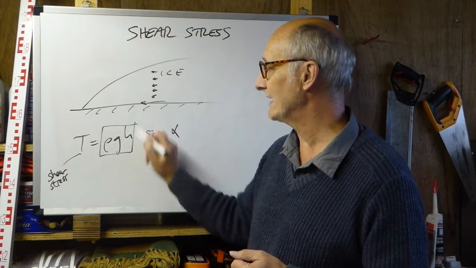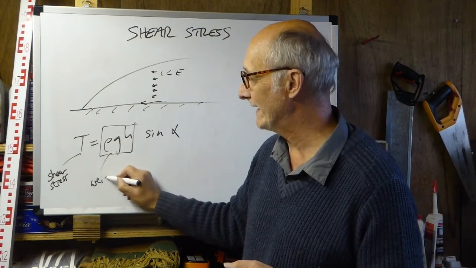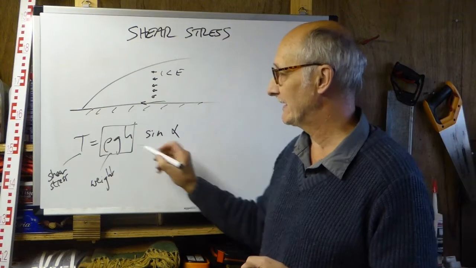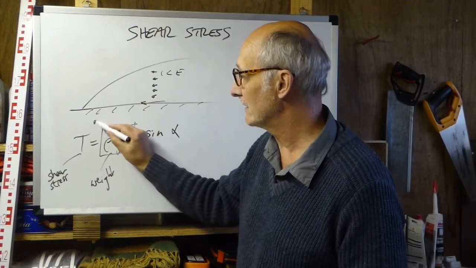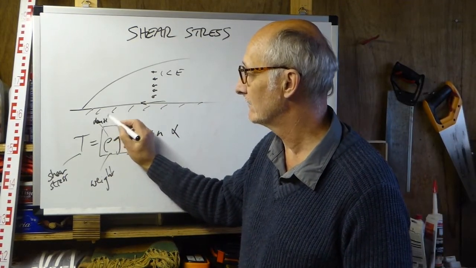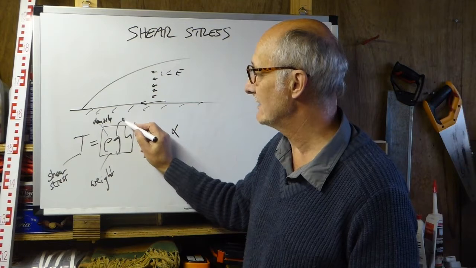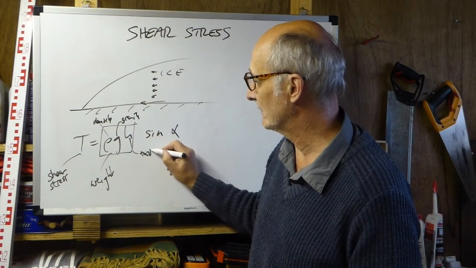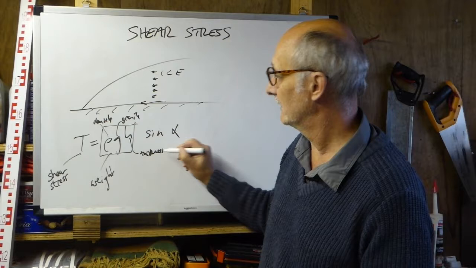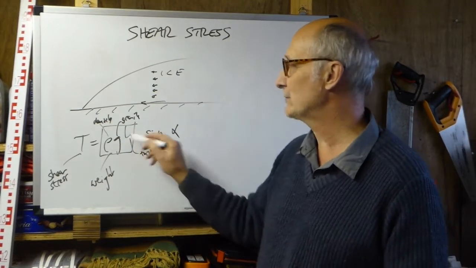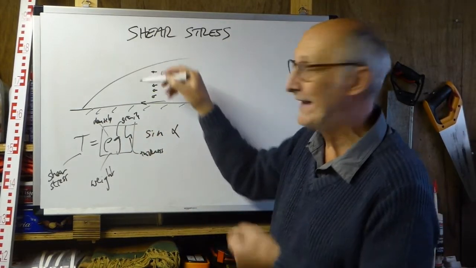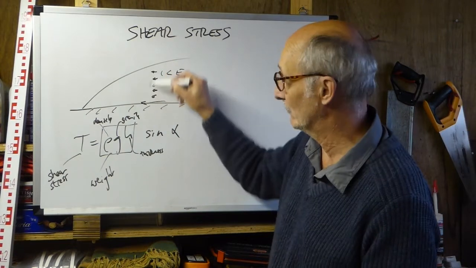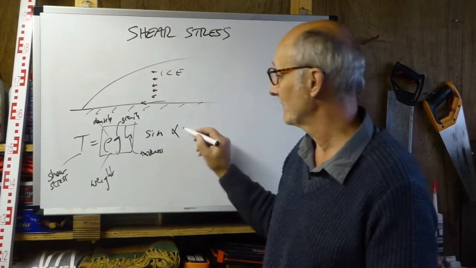Rho g h is essentially the weight of the glacier, the overburden pressure at a particular point, because rho is the density of ice, g is the force of gravity, and h is the thickness or height of ice at a particular point. So rho g h is basically the weight of the ice bearing down on whichever point you're interested in, or bearing down on the glacier bed.